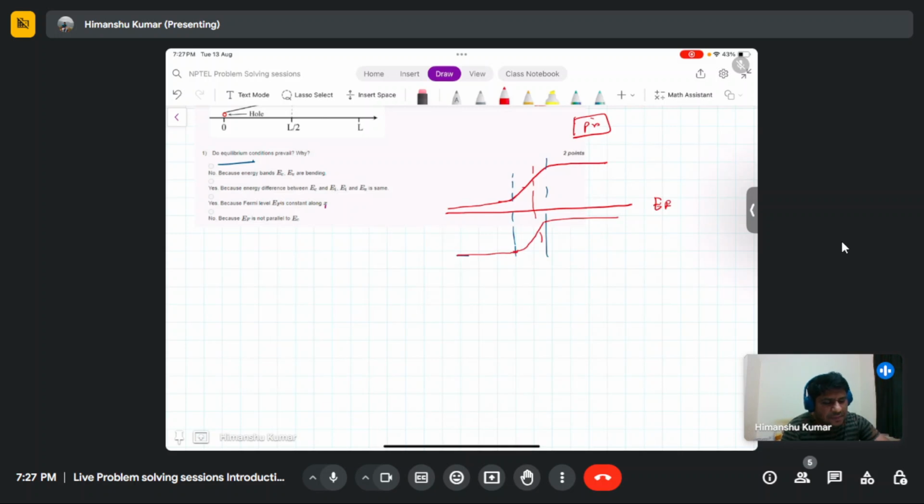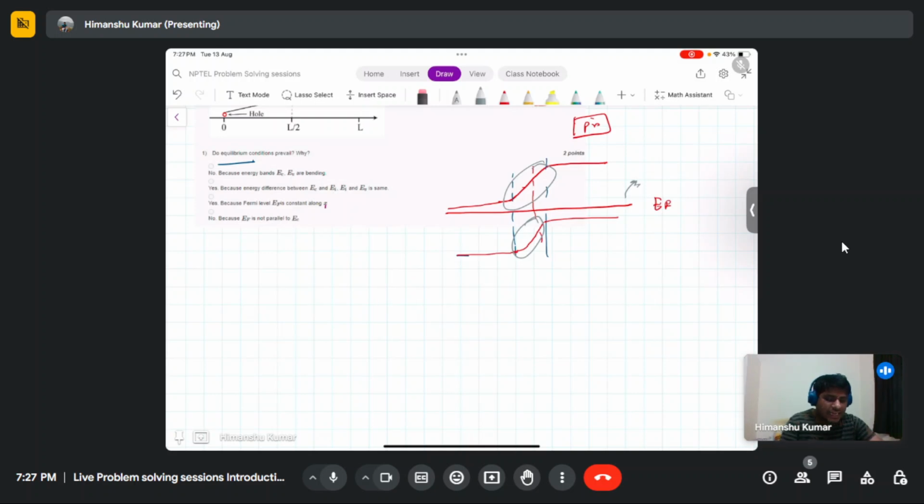Even in equilibrium this bending exists, so unless the Fermi level is varying, you can consider this an equilibrium case.